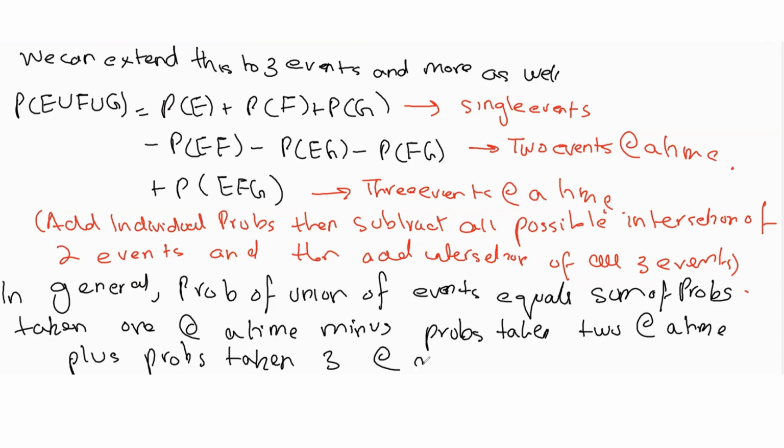So this is the general pattern for the inclusion-exclusion principle when you have more than 2 events: the probability of the union of any number of events is equal to the sum of the probabilities taken 1 at a time, minus the probabilities taken 2 at a time, plus probabilities taken 3 at a time, then minus probabilities taken 4 at a time, and then plus probabilities taken 5 at a time, and so on.